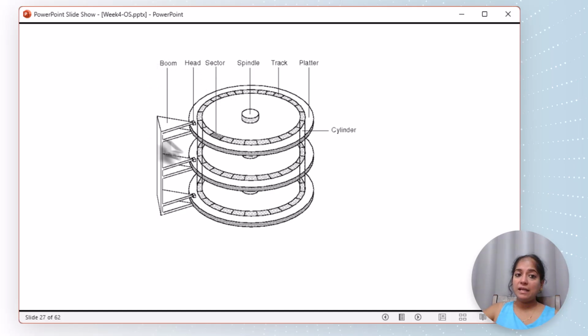Then each platter is divided into tracks. These circles are called tracks. And each track is divided into sectors. A cylinder is from all the platters. If we use the same track position across all the platters, that is called a cylinder.